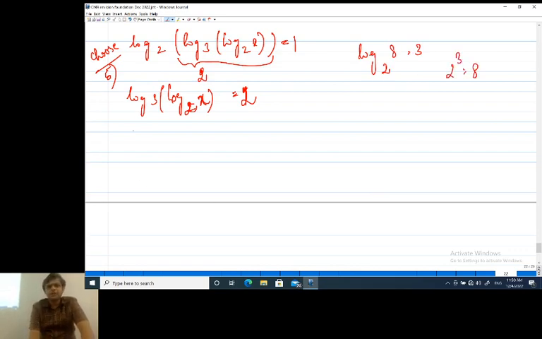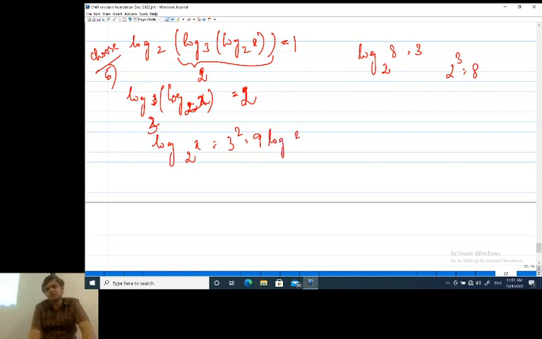So when I say log of this value base 3 is 2, what do I mean? Log of x base 2 should be equal to 3 squared, which is 9. Correct? You are able to follow this? Now, this has to be 9.